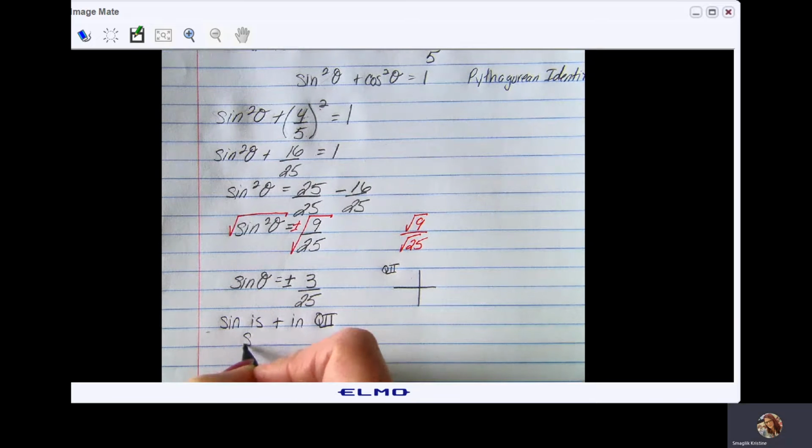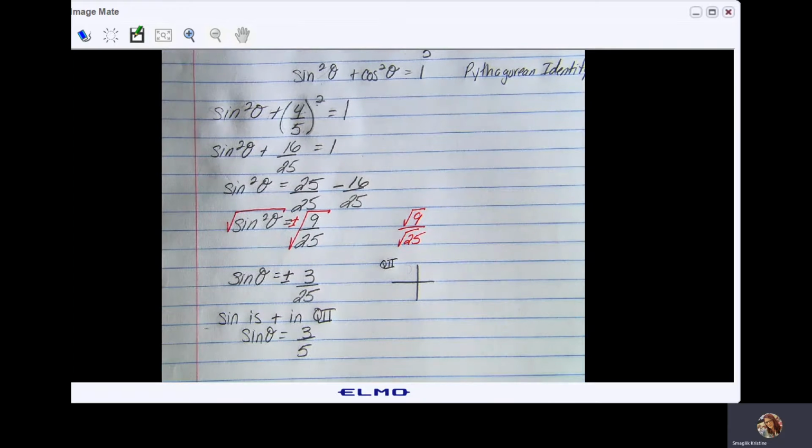Therefore, I'm going to say sine of theta equals positive 3/5. Now, if my problem said theta is in quadrant 3, sine is negative in quadrant 3, so my answer would have been negative 3/5. So whether it's positive or negative depends on what quadrant it's in.